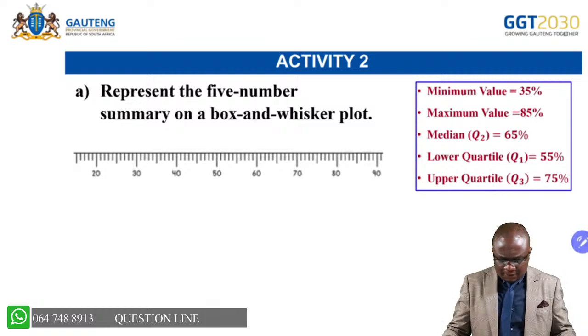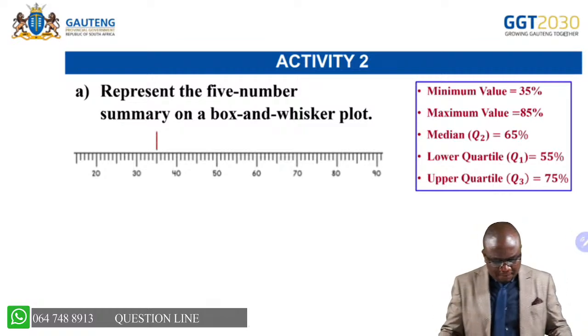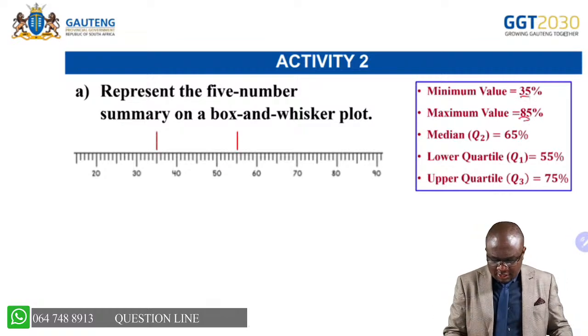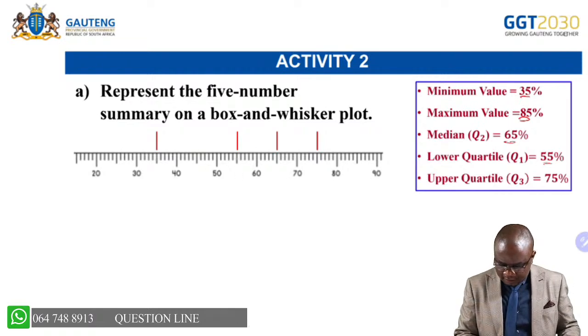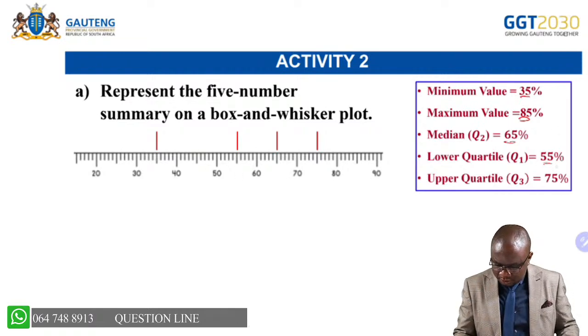Let's just do that. 35 is there, then 85 is there, 65 there, 55, that is the lower quartile. We have 35 for the minimum, 55 for the lower quartile, sorry.